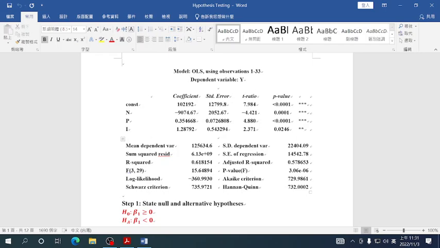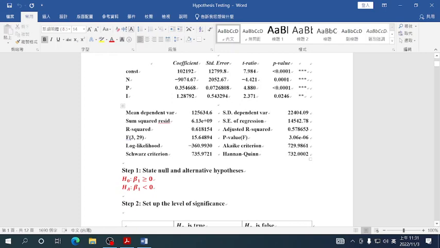Okay, step 2. What is step 2? Choose the significance level, right? Which is alpha. Just make type 1 error. Set the allowable type 1 error. Okay? Step 2, set up the level of significance.